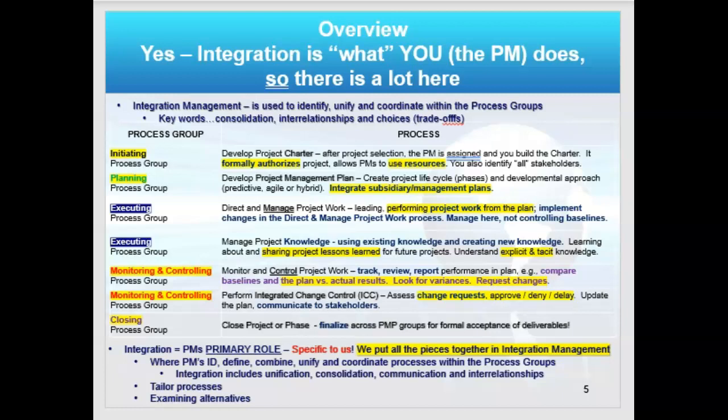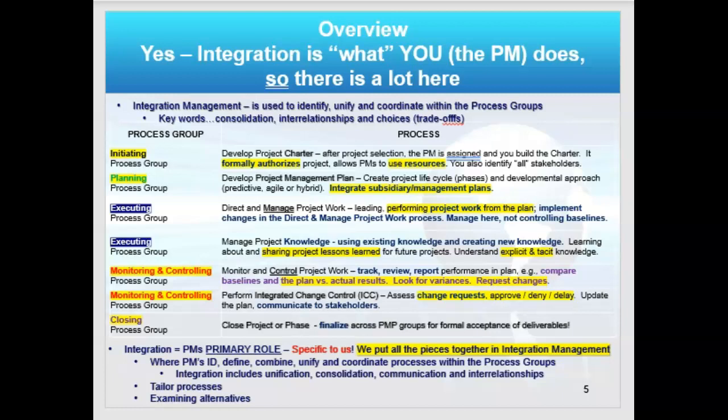We want to compare the project management plan to our actual results in executing direct and manage project work. That's what we're doing in monitoring and controlling. Those two processes get compared constantly.